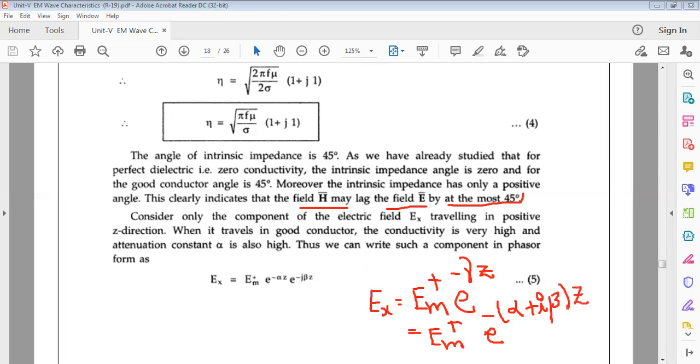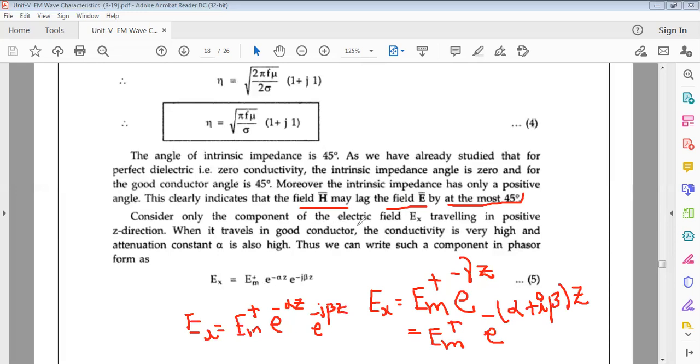Got it? The equation becomes Ex equal to Em e power minus alpha z times e power minus j beta z. This is the term we got.